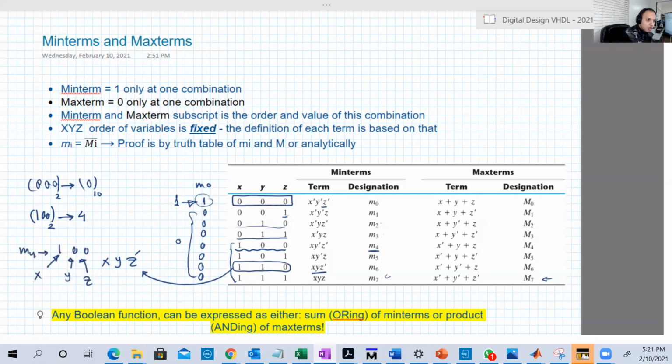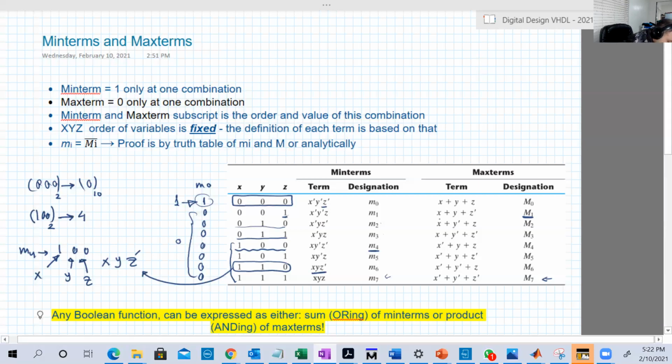What I said for the minterm also applies to the definition of the maxterm. So let's express one of the maxterms here, like capital M1, for example. We said that the definition of the maxterm is that it will be 0, opposite to the minterm, at one particular or specific combination, and 1 otherwise.